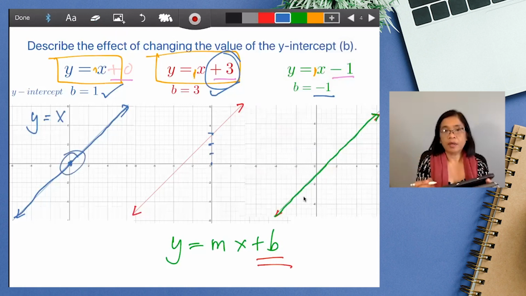Any point on the blue line will be moved 1 unit down. So for any change in the value of b, it corresponds to a displacement. If it's positive, the graph will move up. And if it's negative, the graph, the parent function, will move down.